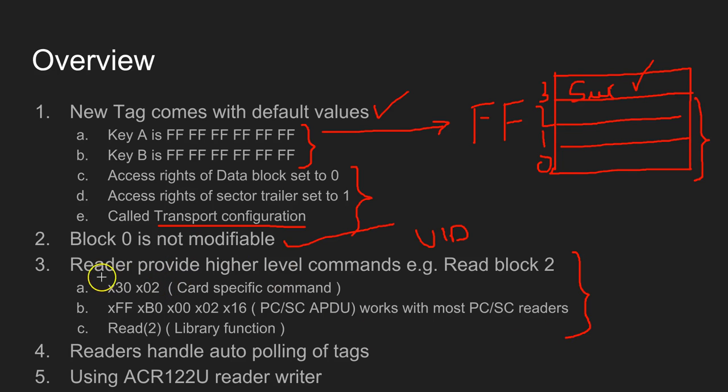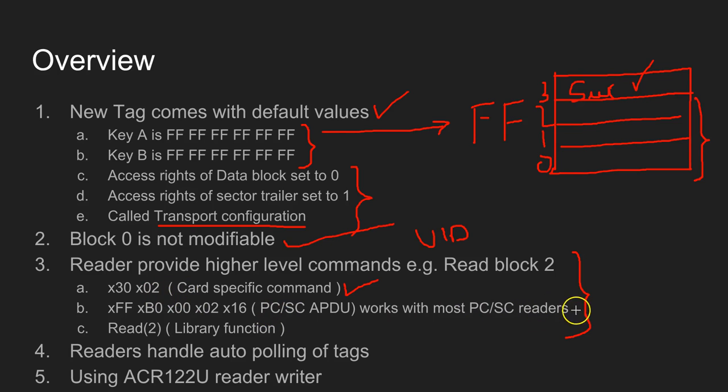In general, any reader writer you use provides some high level commands. For example, if you want to read the contents of block 2, this is the card specific command. If you look into the datasheet of Mifare Classic, it tells you to send 30 followed by 02.